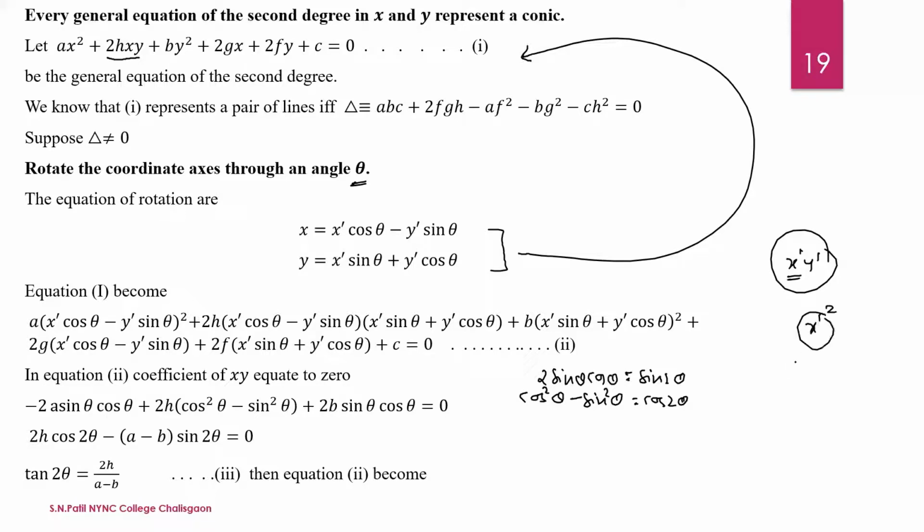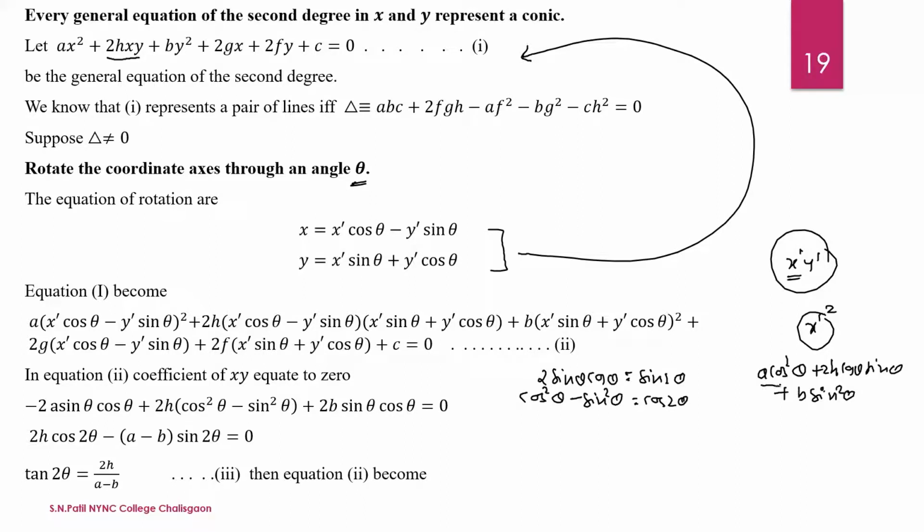So what is the x dash square term here? Here a into cos square theta. Now here the coefficient is twice h cos theta into sin theta. Now what is the other coefficient here? That is b sin square theta.